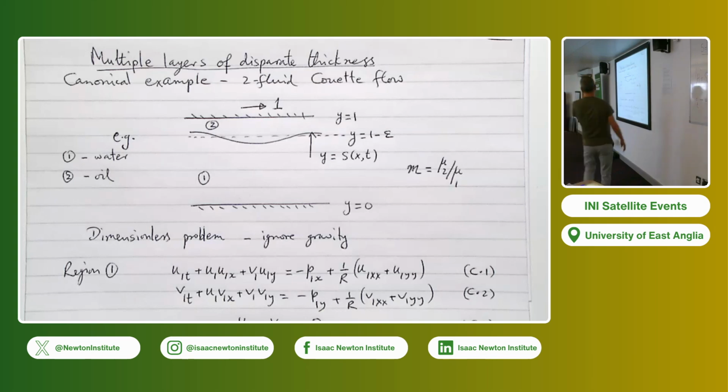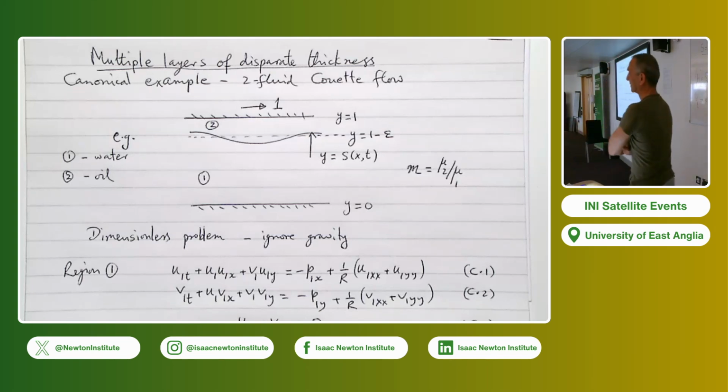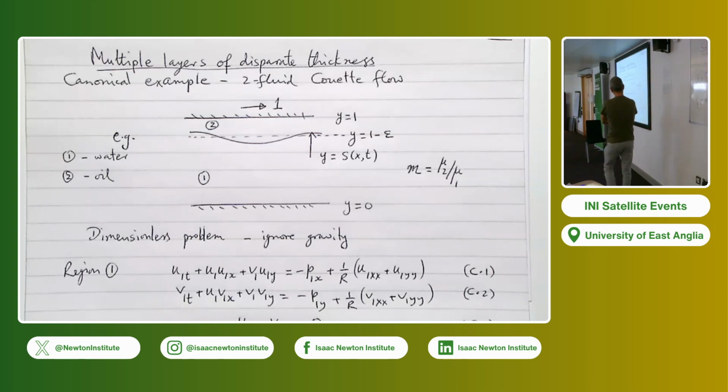Now I'm going to assume that I have 2 fluid layers, fluid 1 and fluid 2, and one of the layers is thin. For example, this could be water and oil in a quad device. In fact, the only reason we did this problem is an experiment in a quad device that had some results that weren't explained. And hopefully I'll convince you that they are explained now.